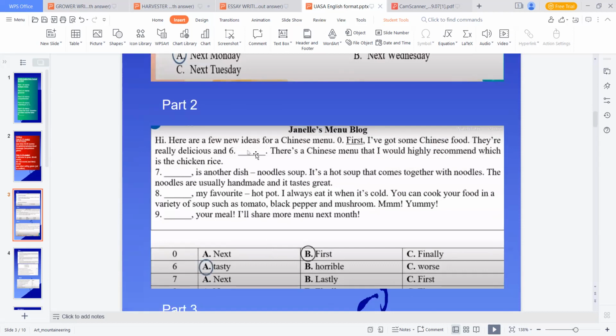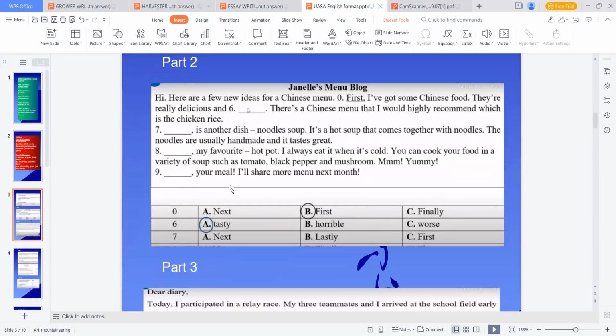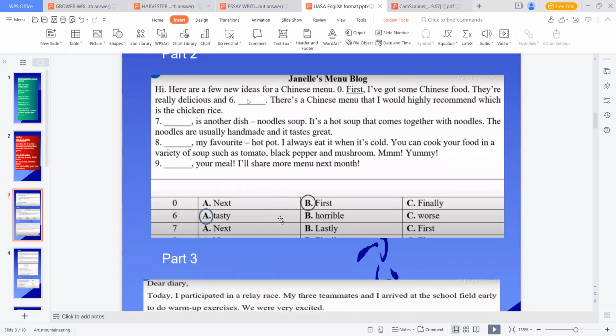There will be a text with some gaps, and you also will be choosing one of the options given. So part 2 will be related to linkers, tenses, articles, different parts of speech.